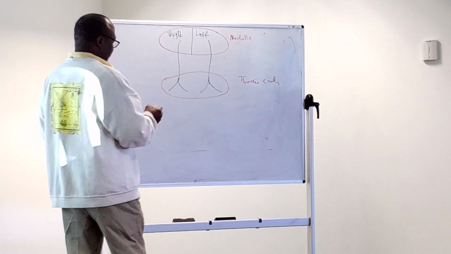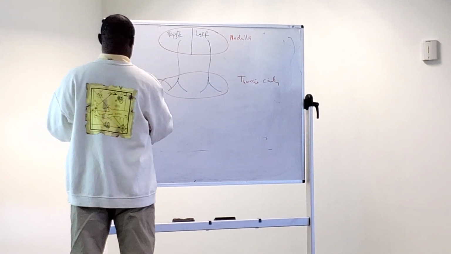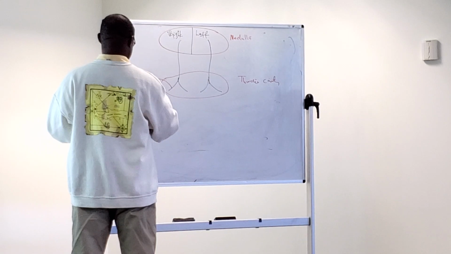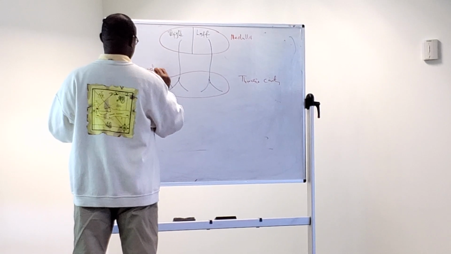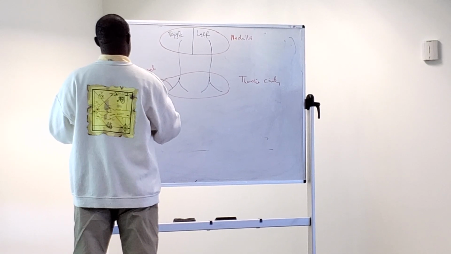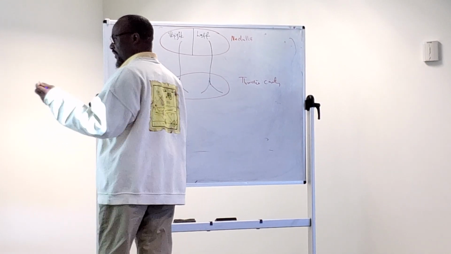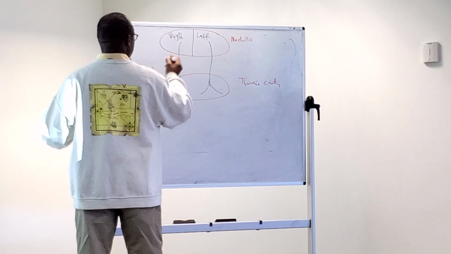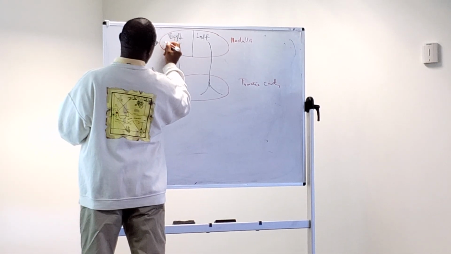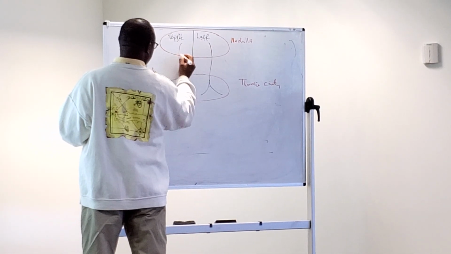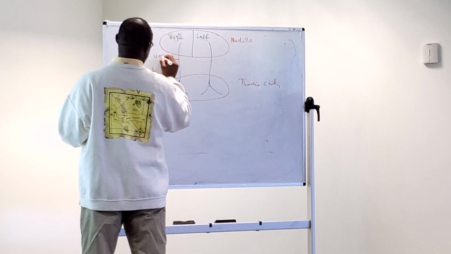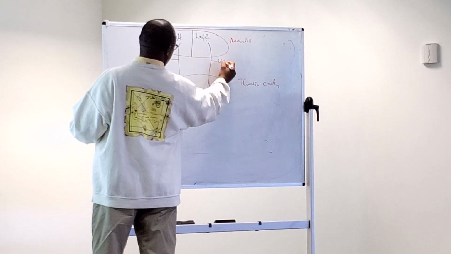This is the dorsal branch of the right vagal. Since it is the vagus nerve, this is the vagus nerve.